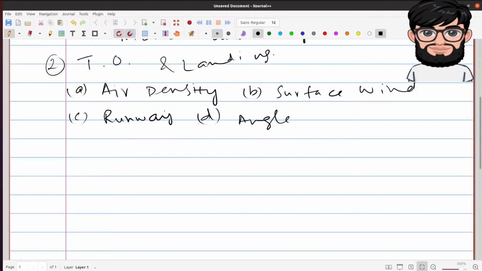Not the surface of it, but the upslope and the downslope of the runway. And we're not talking about the magnetic direction of the runway. We're just talking about if it is uphill or downhill. And the last thing is the weight of the airplane. That is definitely gonna affect it.